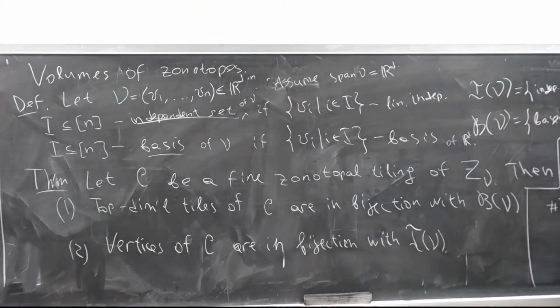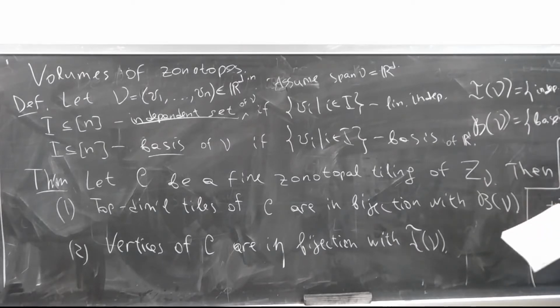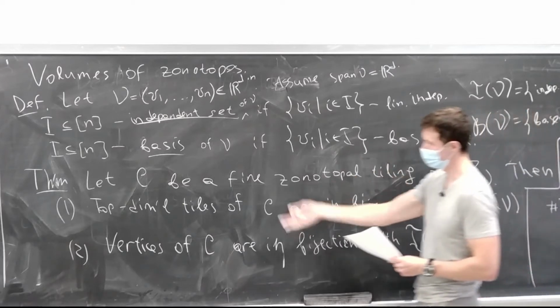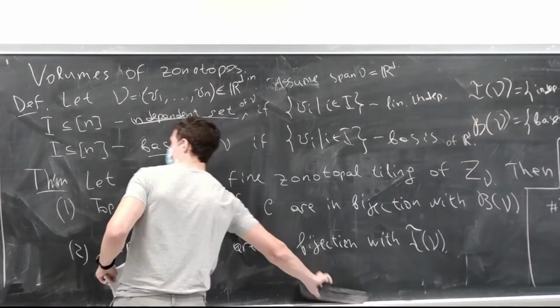So I guess I didn't draw the vertices. For some reason, there are 11 vertices here, and you can try checking this theorem even in 2 dimensions. Let me do one more example.